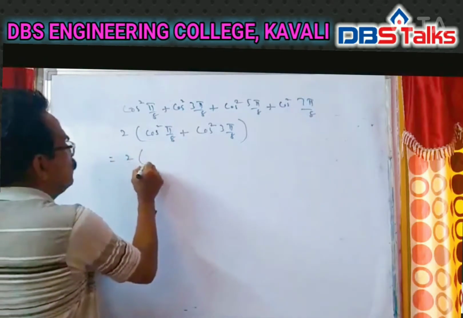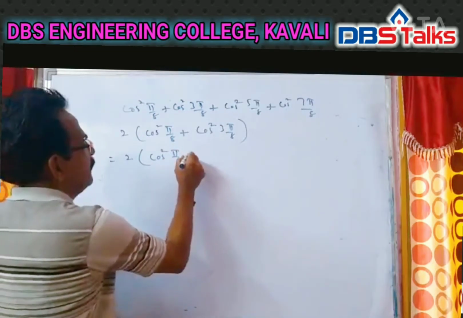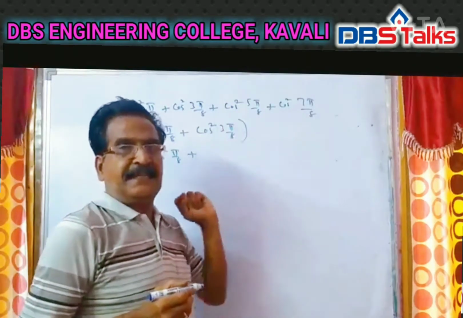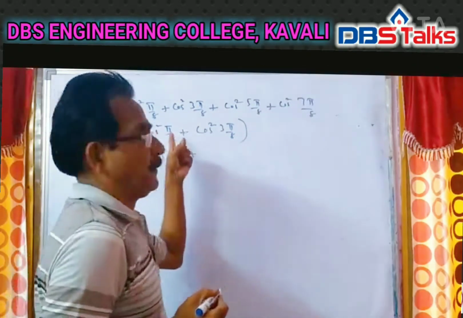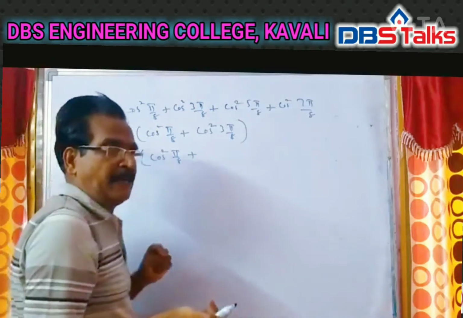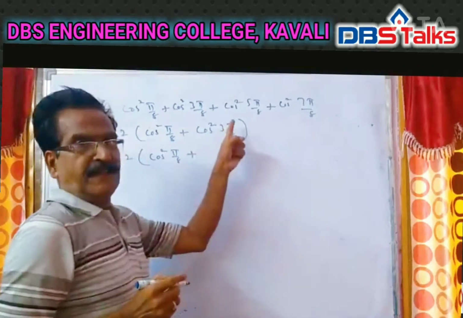This is equal to 2 into cos square pi by 8 plus cos square 3 pi by 8. 3 pi by 8 can be written as pi by 2 minus pi by 8. Cos of pi by 2 minus theta is sin theta. Right? We are getting, friends?